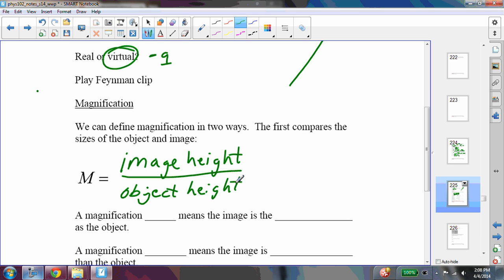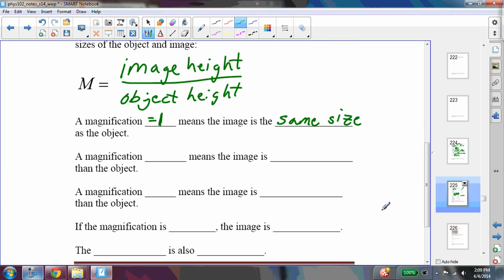If our magnification equals 1, that means that the image is the same size as the object. Like in our flat mirrors, we have a magnification of 1. That means that we are the same size as we are in real life.